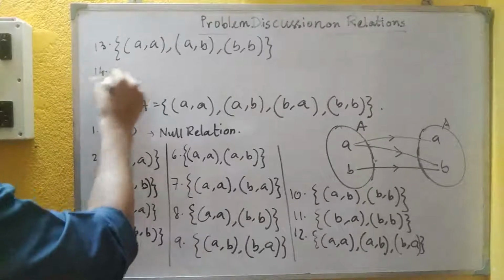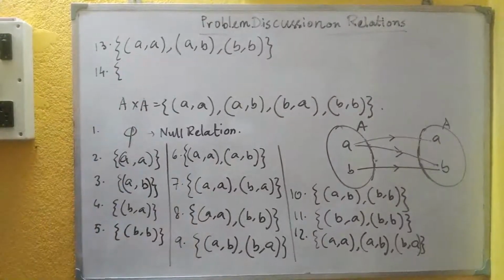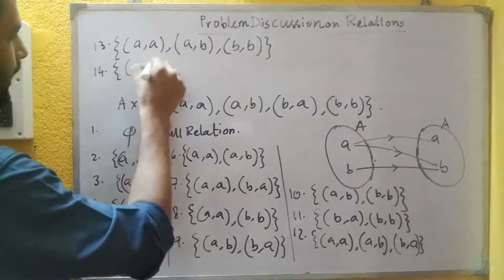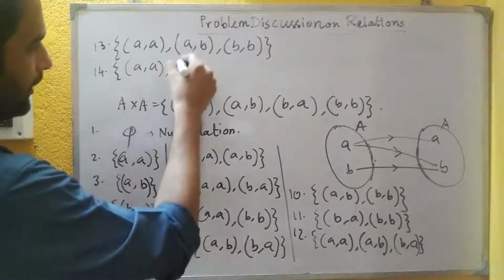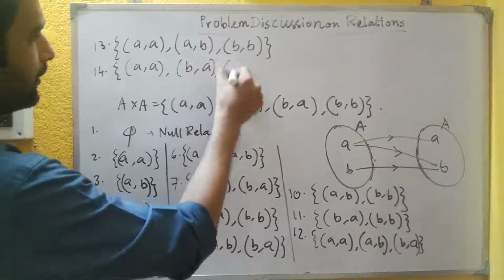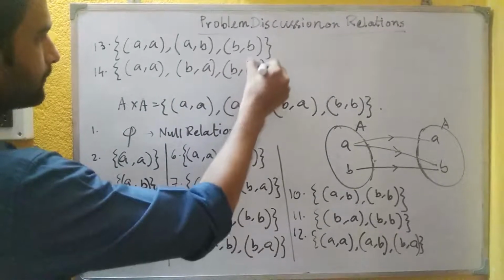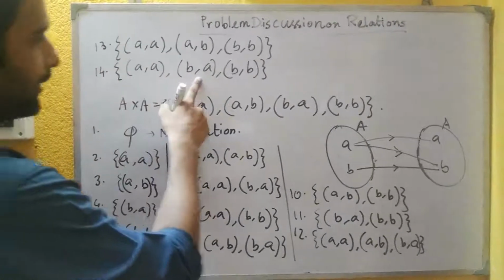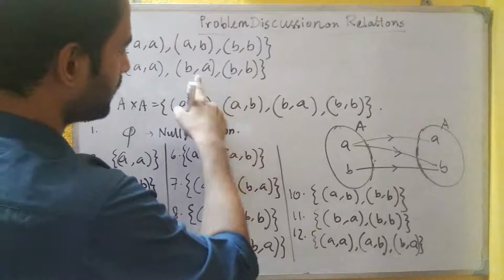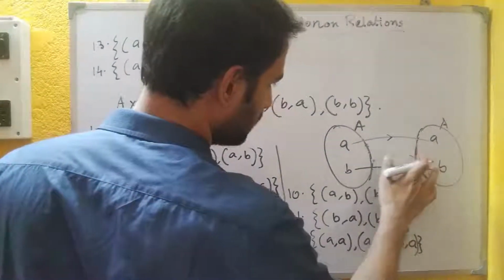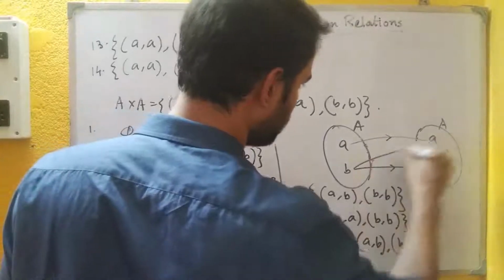Number 14, it says there should be AA, next BA, then BB. Then AA is okay, BB is okay, next BA. So we have to erase this one and we have to plot it here, BA.